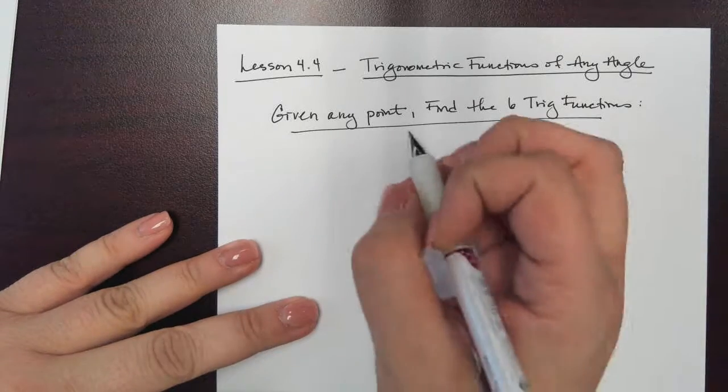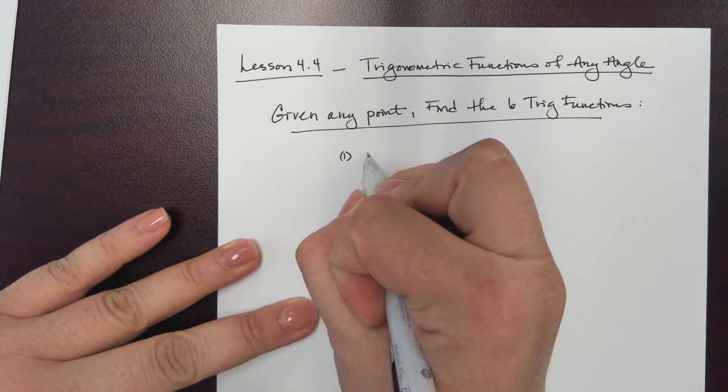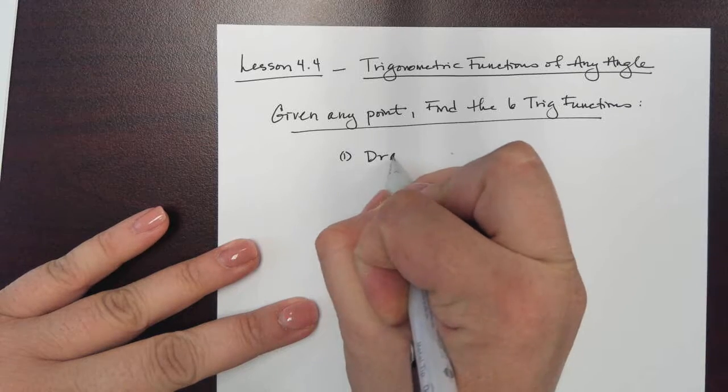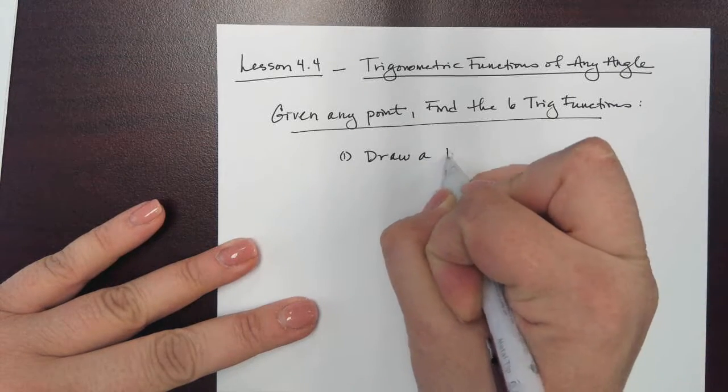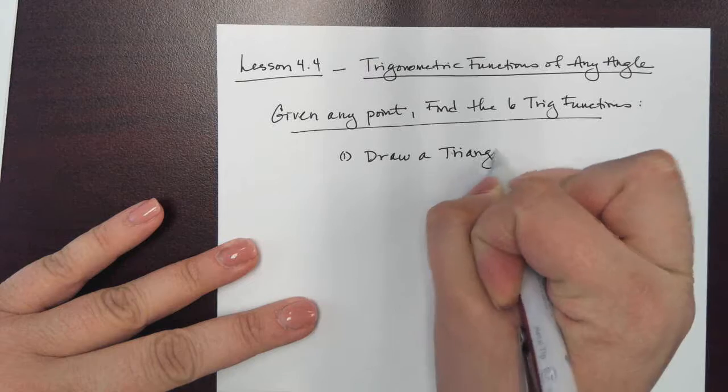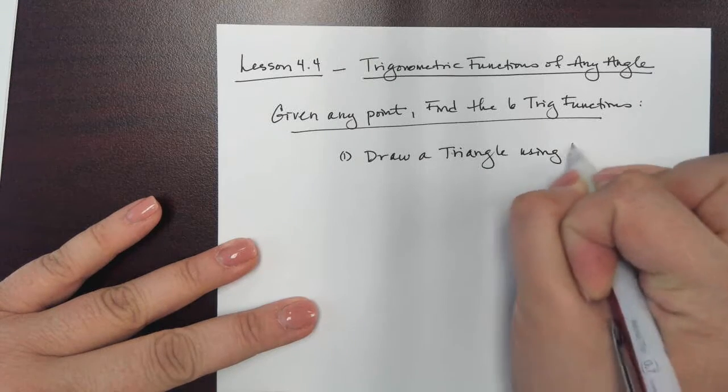Okay, so step 1: draw a triangle using the point.